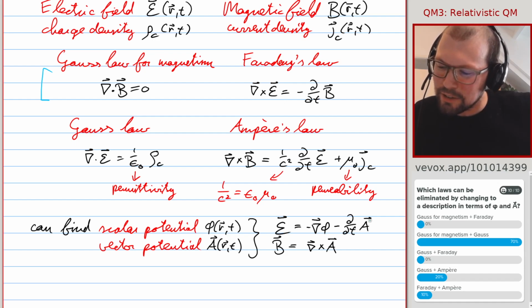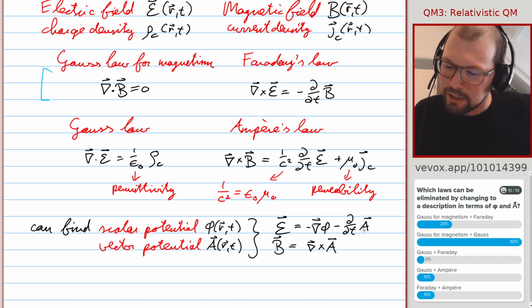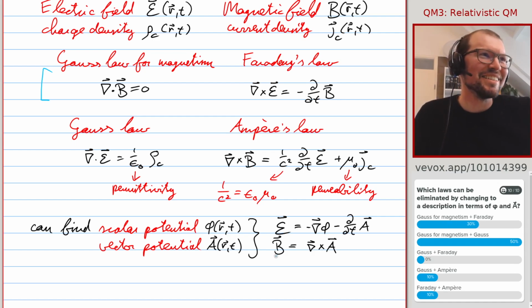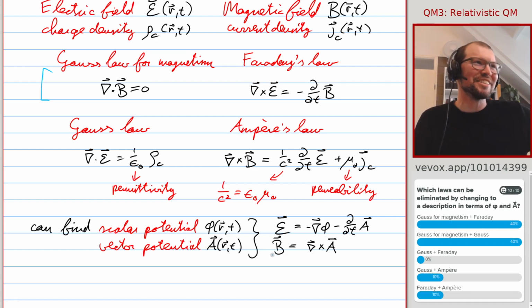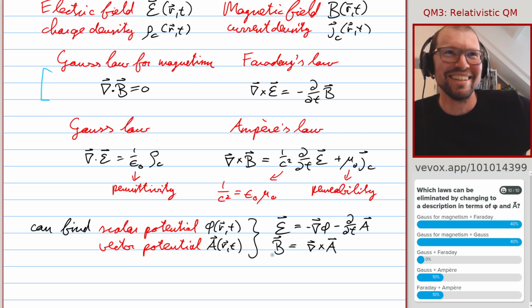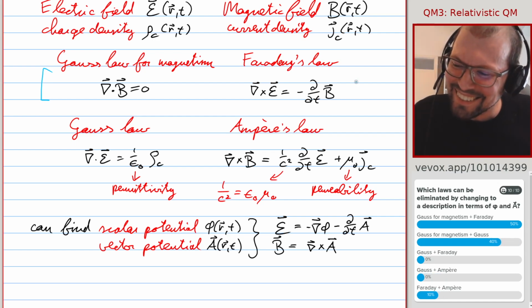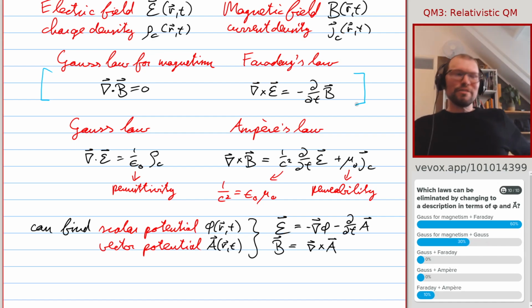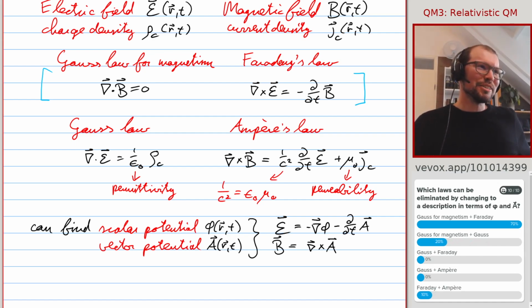But then I still have this derivative, so minus the curl of the vector potential, but that is the magnetic field. I see some people are shifting votes. Ah, very good. Yes, okay. So it was Gauss' law for magnetism and Faraday's law. Now I'm going to stop the poll. Now everybody is on the same page. Very good.